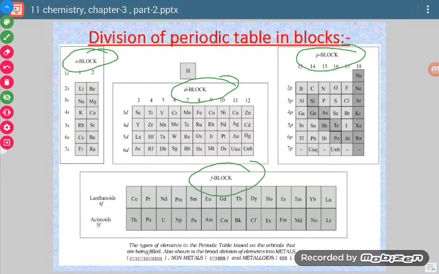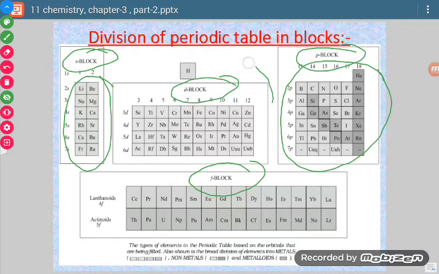Okay, so we should know which groups are there. There are 7 periods as we know. Now how many groups are there in a particular block? In S block there are group 1 and group 2. In P block there are group 13 to group 18. In D block there are group 3 to group 12.